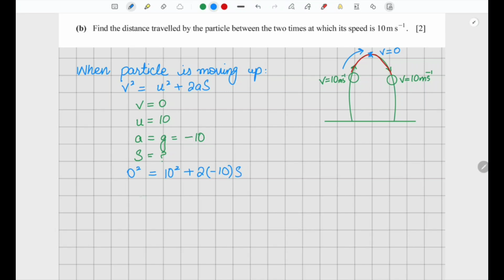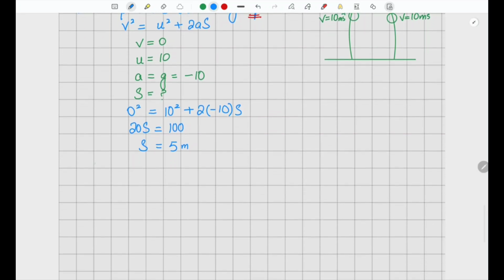So from here we get minus 20s equals minus 100, and s will be equal to 5 meters. This is for when the particle is moving up.